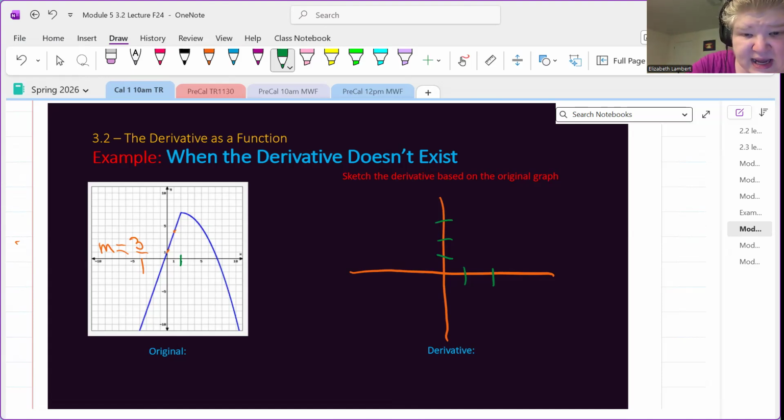So that means everywhere, and let me actually pick a different color, everywhere up until we get to x equals 2, the slope is 3. Now, since this is our graph of the derivative, it is literally equal to that constant number slope.